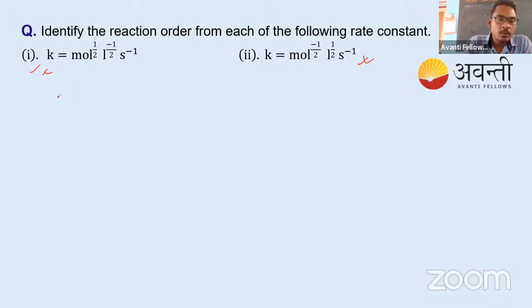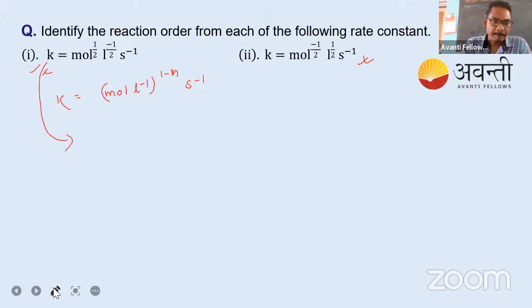The general formula is K equal to mole per liter to the power 1 minus n per second. So let's try to rearrange this with respect to this one. So this can be written as K equal to mole per liter to the power half per second.